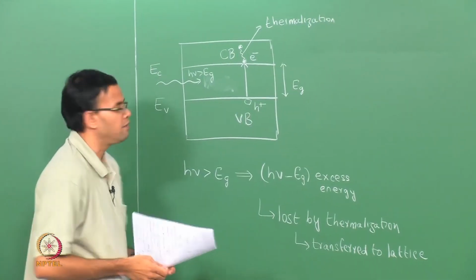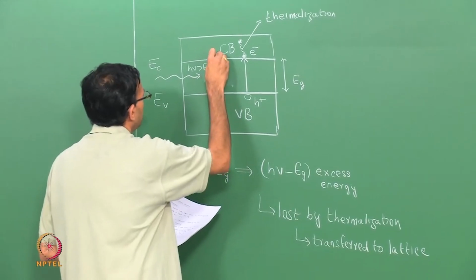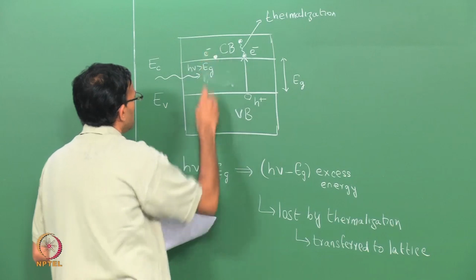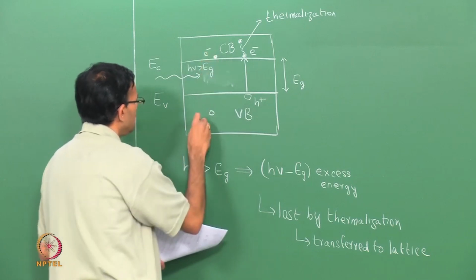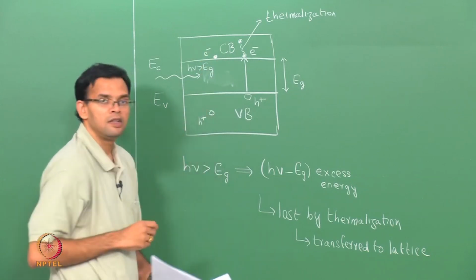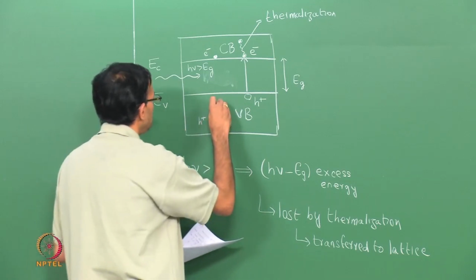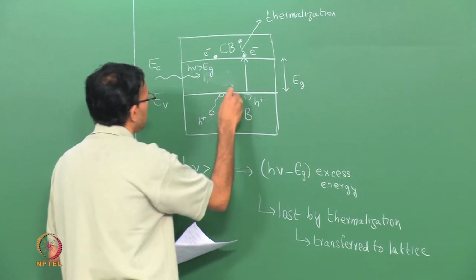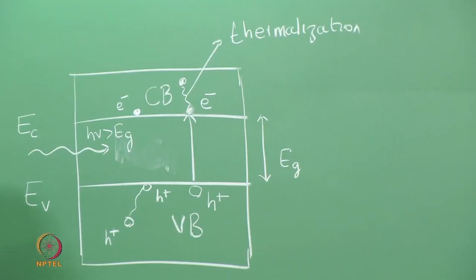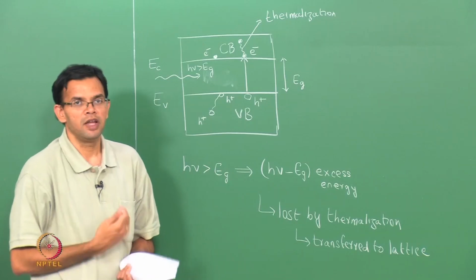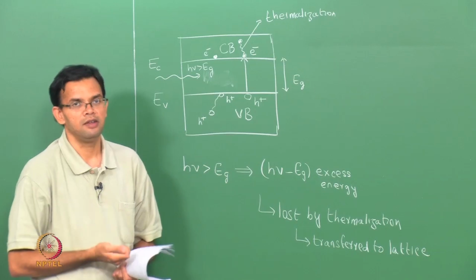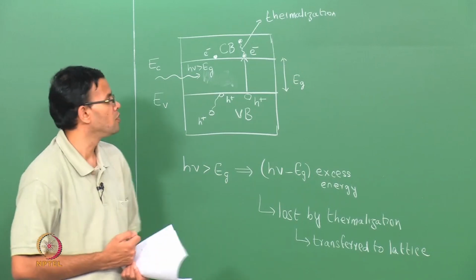You can also have a situation where you have the electron at the edge of the conduction band and you have a hole that is deep within the material, and the hole loses energy and then goes to the edge of the valence band. So that is also possible. So the point is, we have optical absorption whenever the energy of the incident radiation is greater than or equal to Eg.